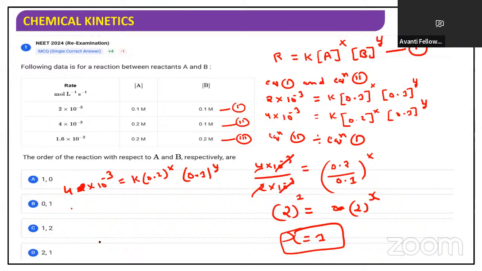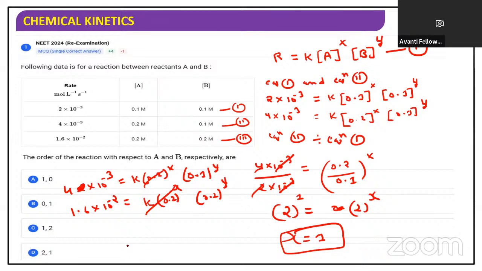What you will get: minus 3 is equal to 0.2 to the power y, right? Because 0.2 divided by 0.1 is always 0.2 only.